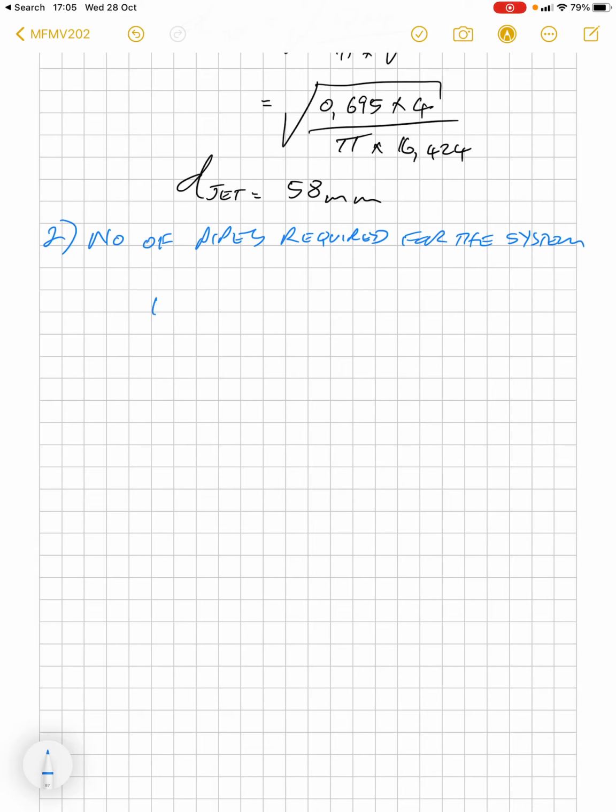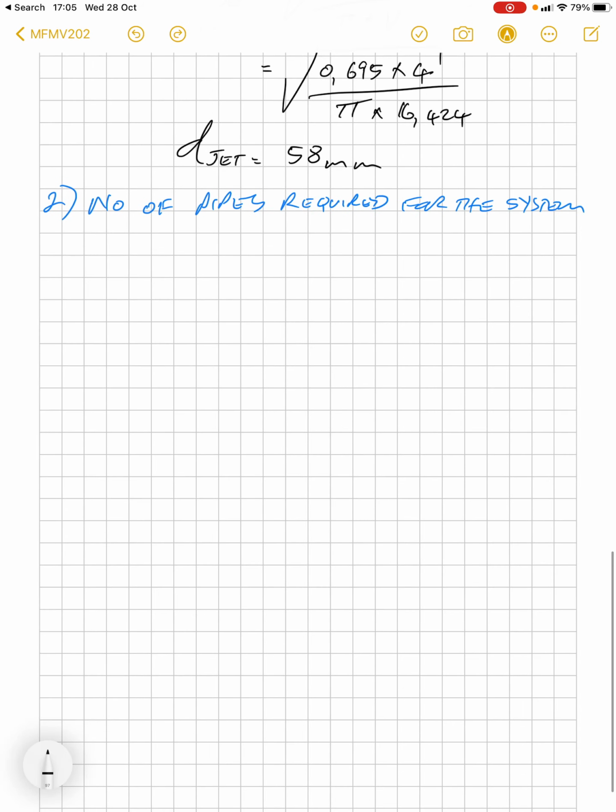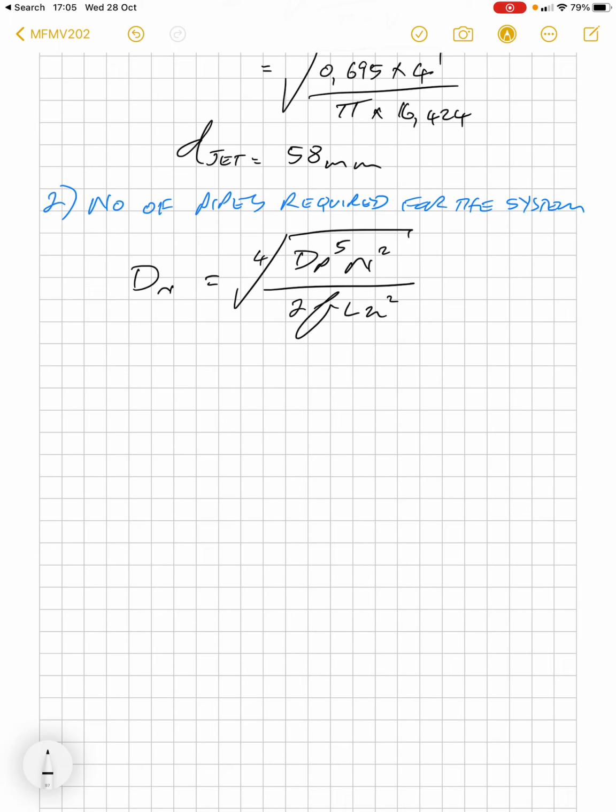So we have our dp is equal to the fourth root of dj to the 5, n squared over 2FL n squared.